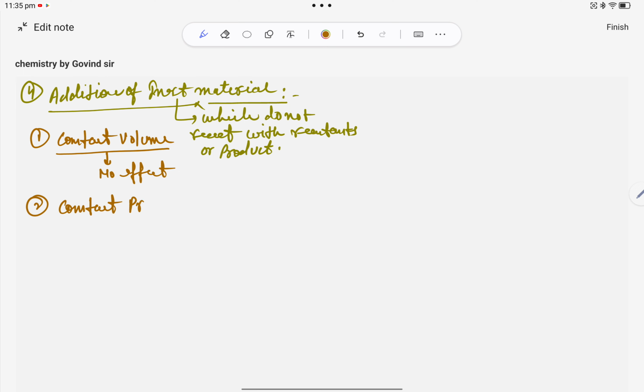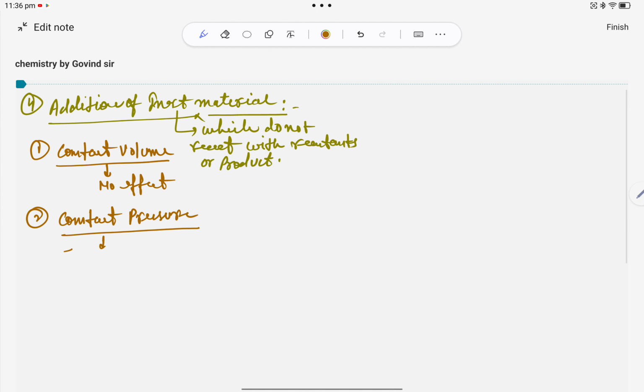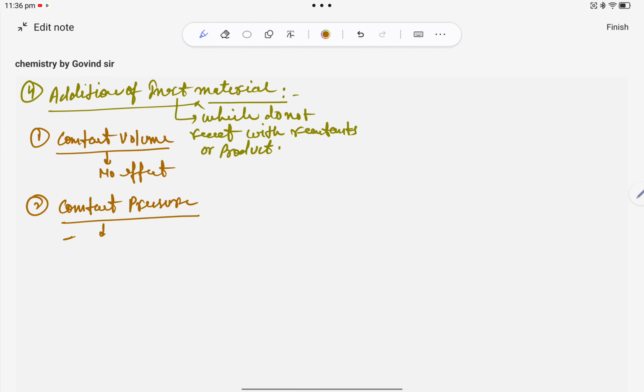Constant pressure: equilibrium shifts toward the side which has more number of moles. Equilibrium shifts in which direction? Toward the side which has more number of moles.